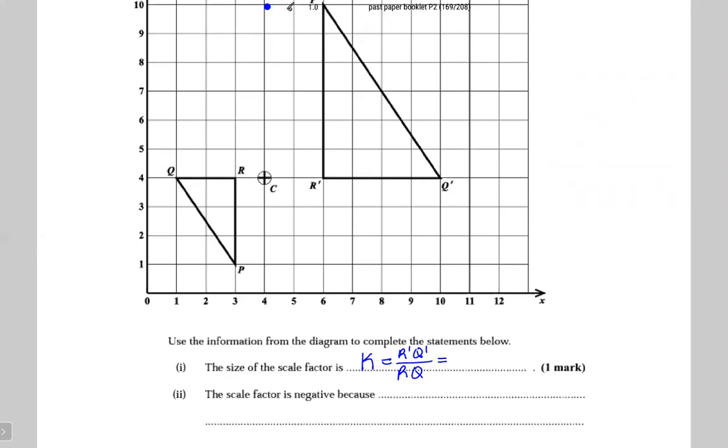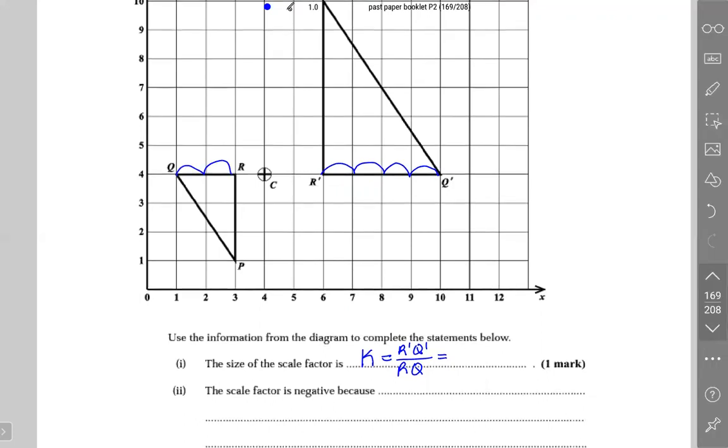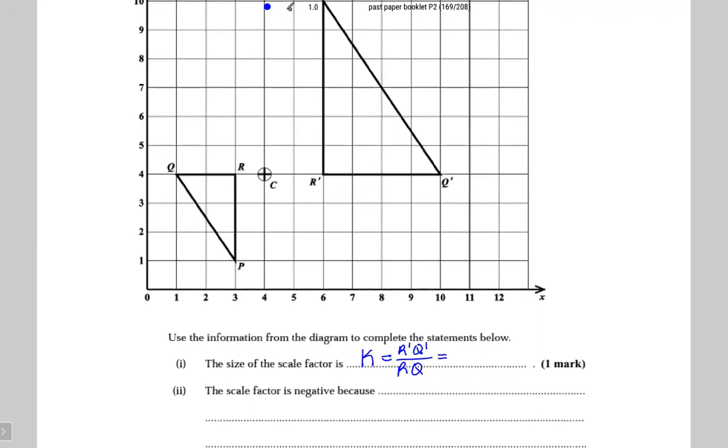R prime Q prime is 1, 2, 3, 4 units. And RQ is 1, 2 units. So K would be 4 divided by 2. The size of the scale factor is 2.